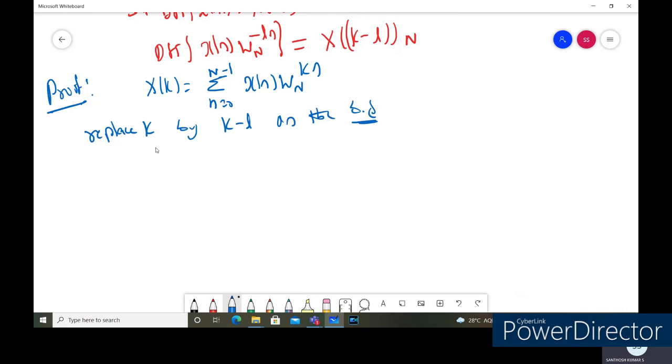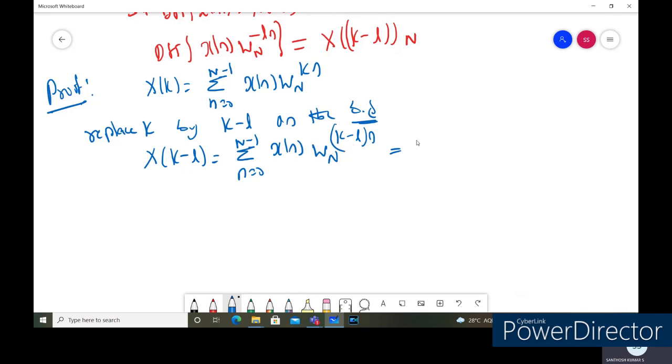So it becomes X of k minus L equal to the summation n is equal to 0 to N minus 1 of x of n into omega to the power of, in place of k, k minus L into n. Now the LHS part will remain the same.